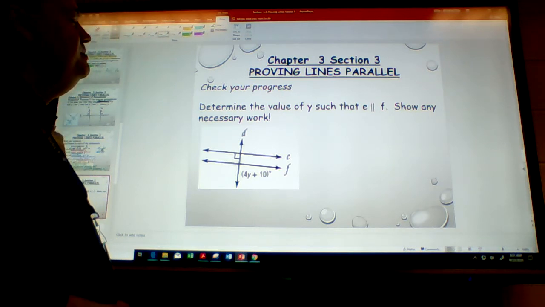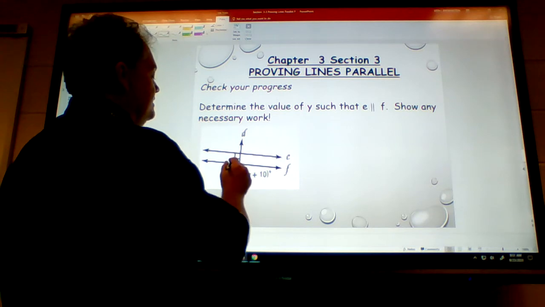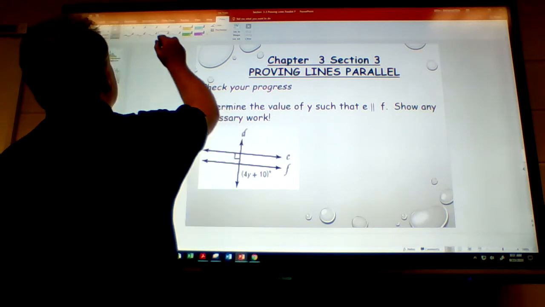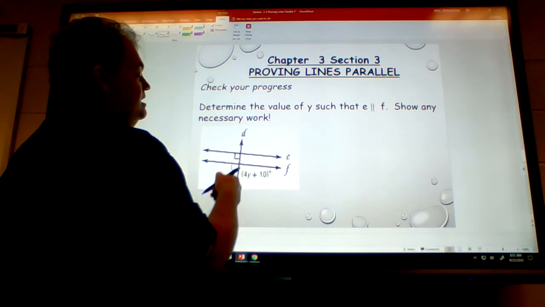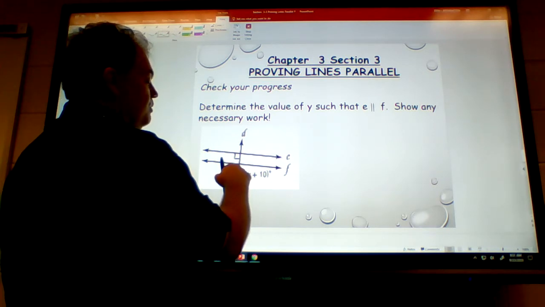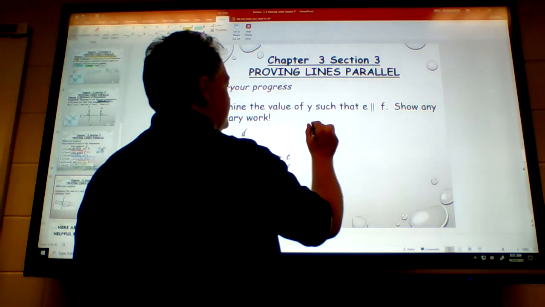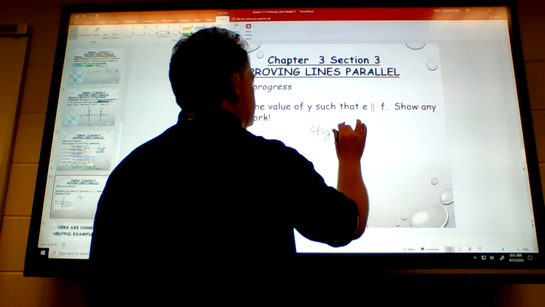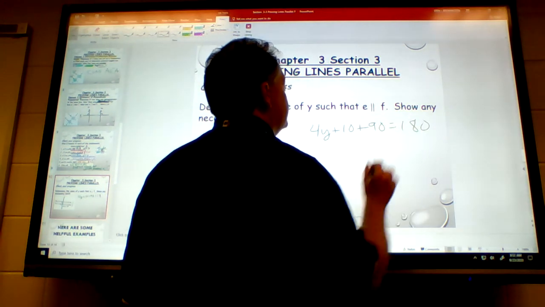So let's assume that E is parallel to F, and that means that this angle is 90 degrees, then that means that the angle next to it is also going to be 90 degrees. Well, any of those angles could be 90 degrees. So here's what we know. We know that 4y plus 10 plus this angle right here have to be supplementary. So that means that 4y plus 10 plus 90 equals 180 degrees.